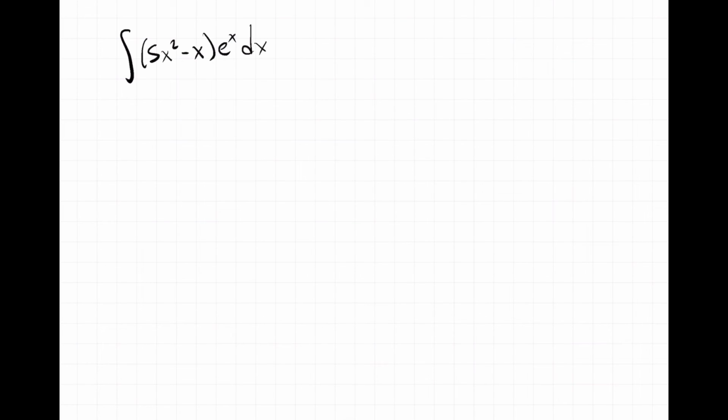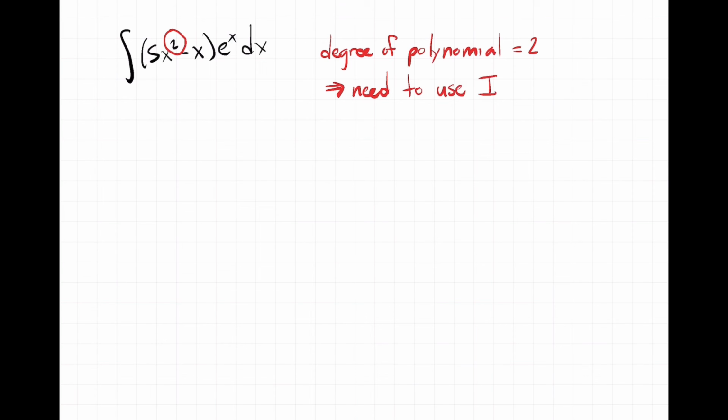And every time you do that, you'll differentiate it, and the power will go down. Since the degree of this polynomial is 2, you'd have to differentiate it twice to get down to a constant. So the degree of that polynomial is 2. What that tells you is you need to use integration by parts twice.